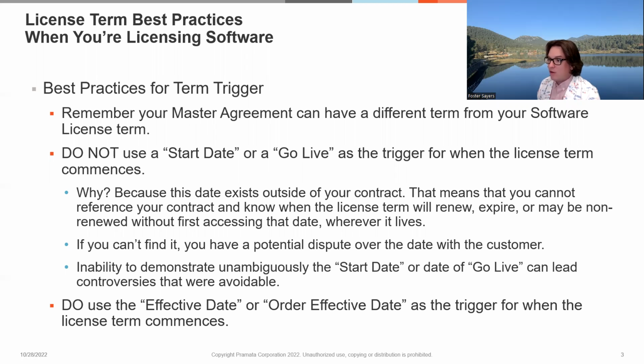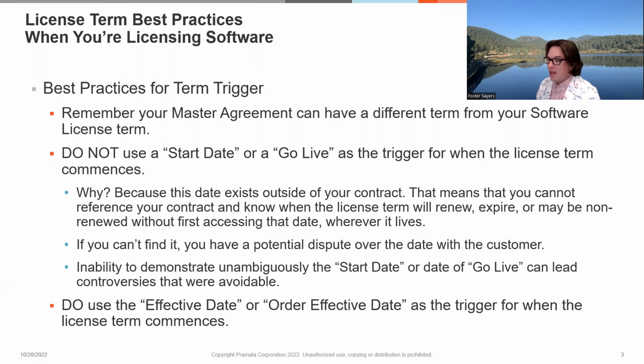So that defined term relates to a very specific date, and that date is in the contract, right? It's either the date that is attached to the counter signature, or it's the date that is stated as the beginning date for the license term that is concurrent with its execution, right?